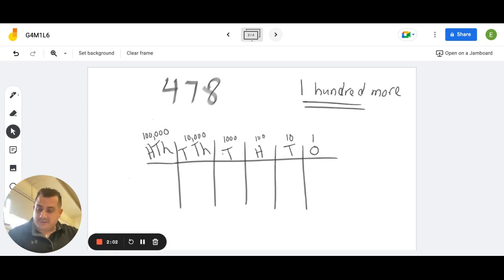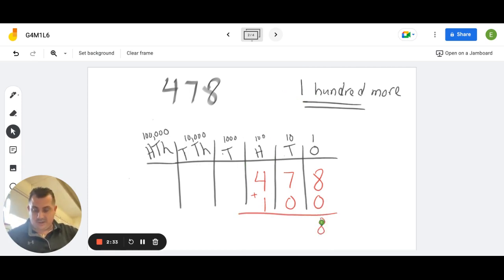So if I have 478, what I'm going to do is fill in here 478. Now, if I'm looking at 100 more, I'm looking at my hundreds place value, and it's 100 more. So I can put another 100 underneath, and I'm going to add it. My ones, 8 plus 0 is 8. My tens, 7 plus 0 is 7.